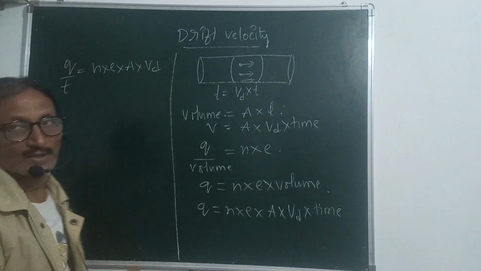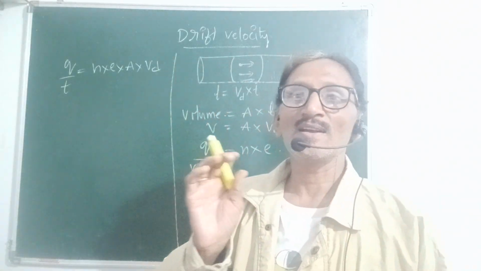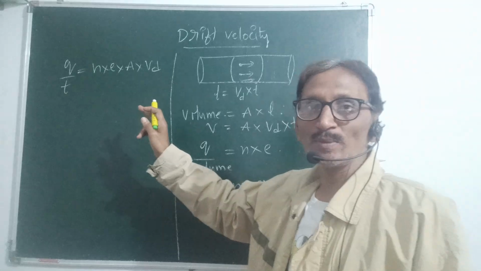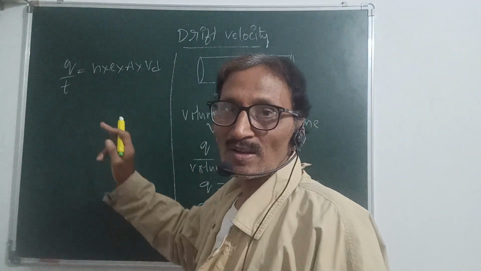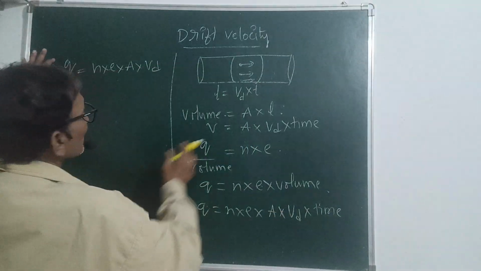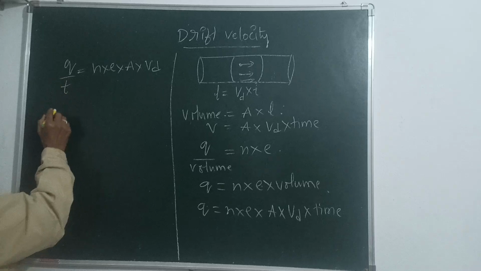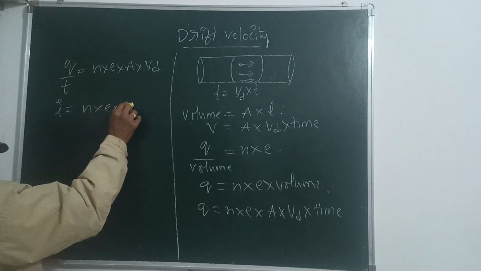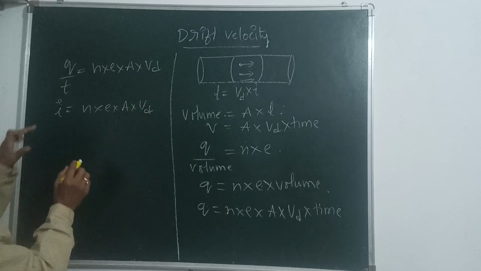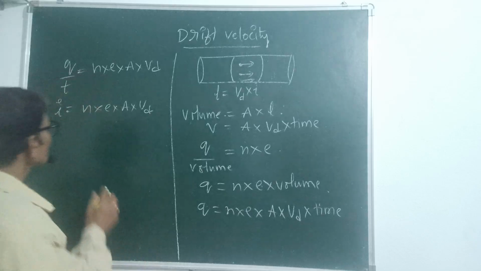Now we know that the amount of charge flowing per second is called current. So Q by t can be taken as current, I is equal to Q by t. So I is equal to n into e into A into drift velocity, where I is equal to Q by t.